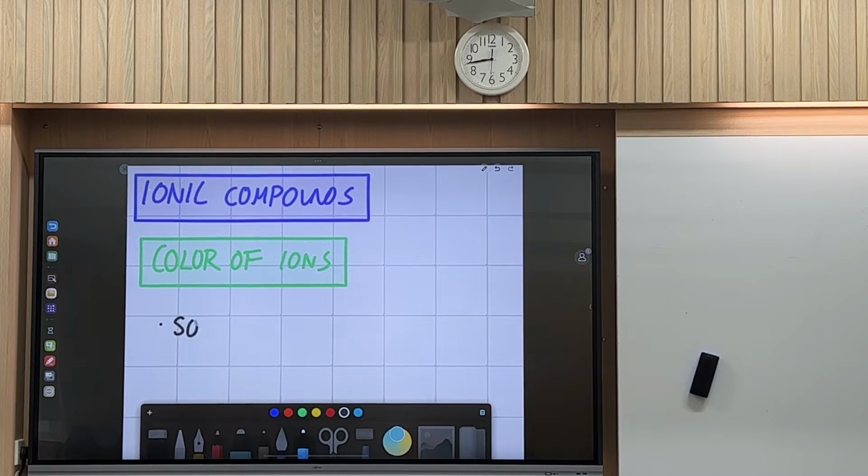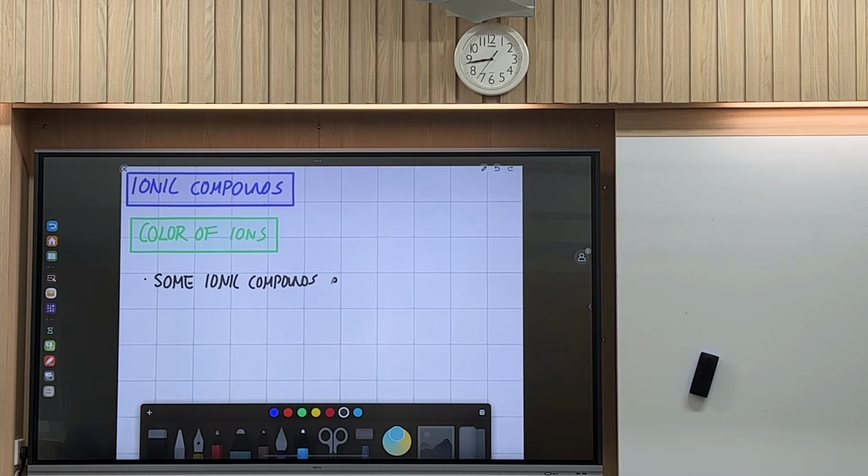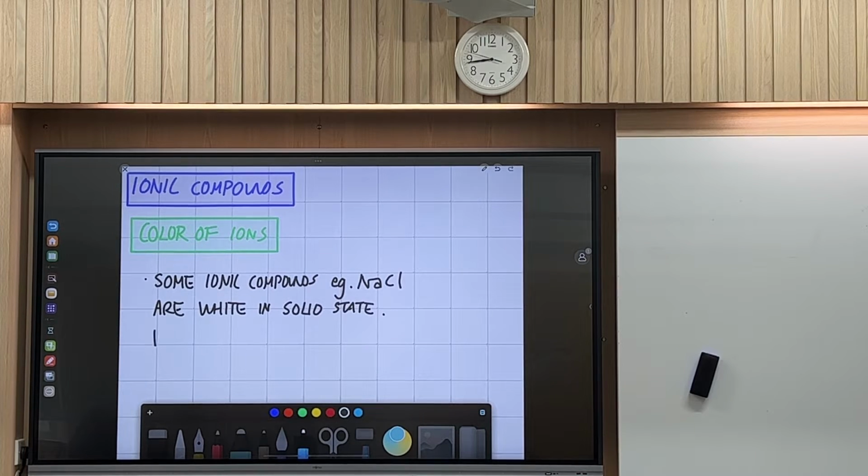Some ionic compounds, such as NaCl, are white in solid state. When they dissolve in H2O, they form colorless solution.